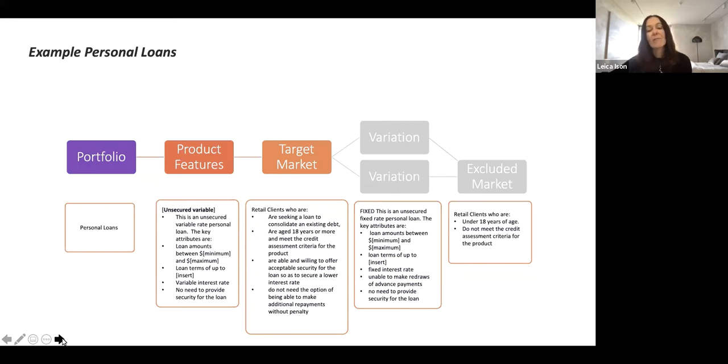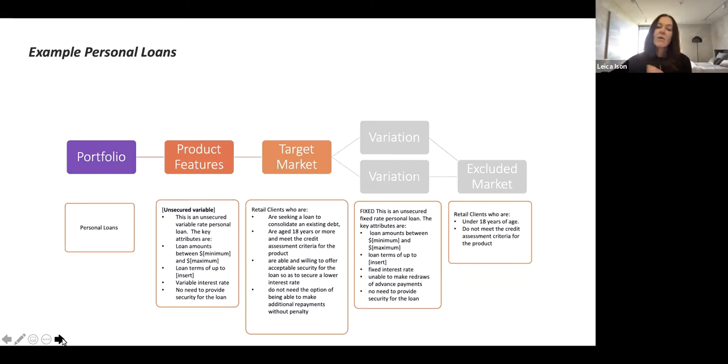So a good example of that would be a variation on a personal loan is to be able to have fixed or variable as a choice when I'm selecting that product as a customer, but also the area of a secured or unsecured loan.